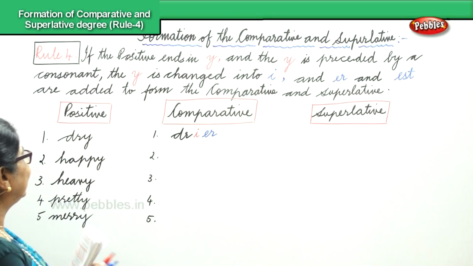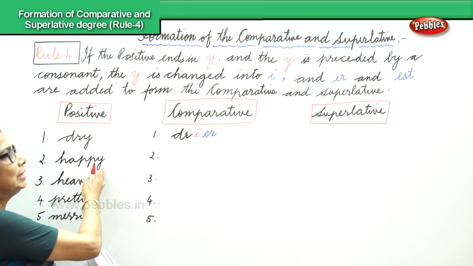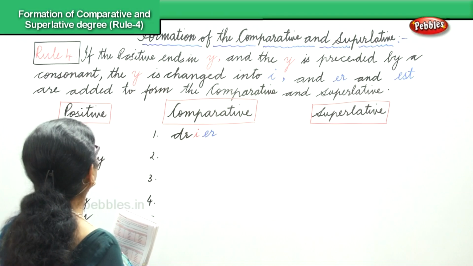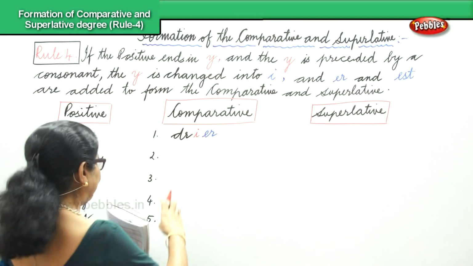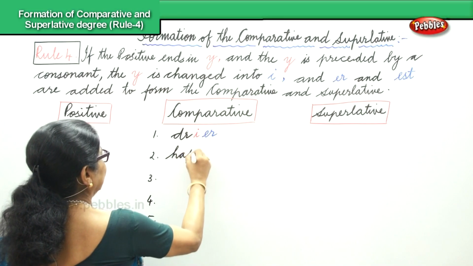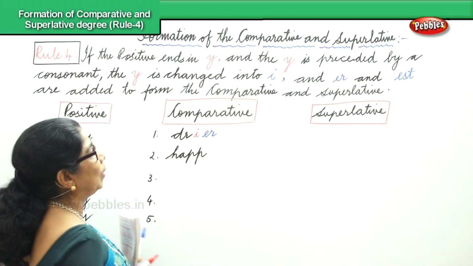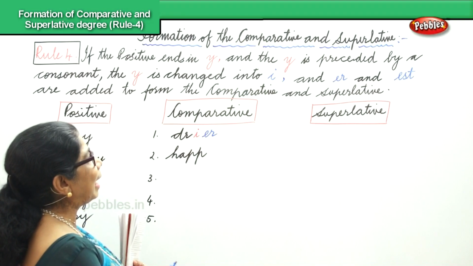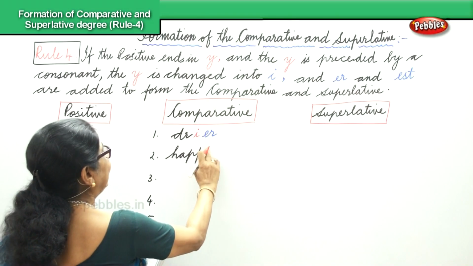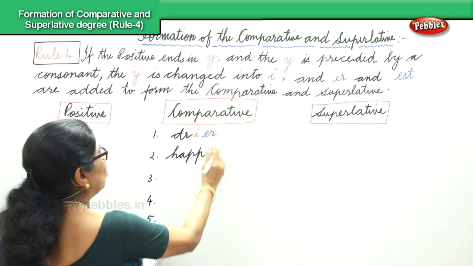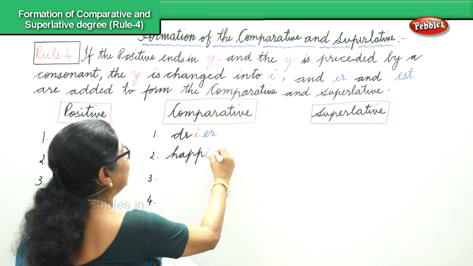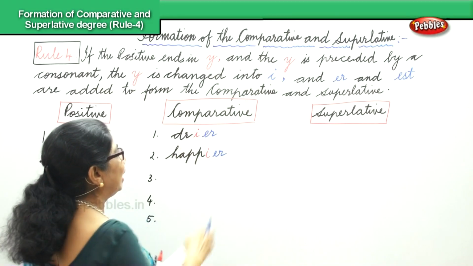Then happy. Again, the positive ends in Y preceded by a consonant P. So now what happens here is hap, instead of Y you add I and then add ER. And then you get the comparative, happier.